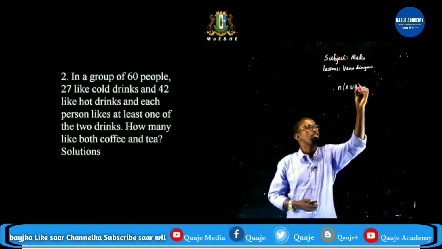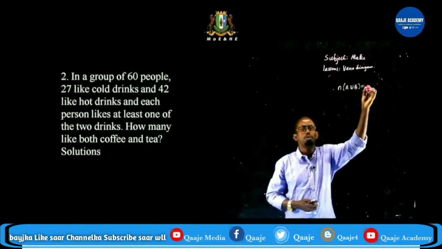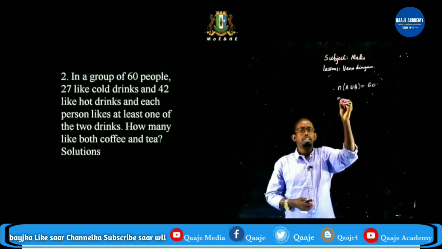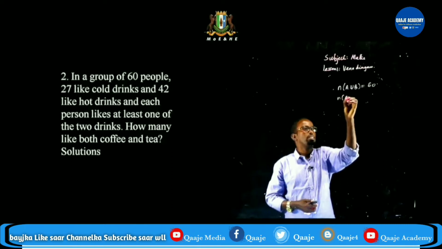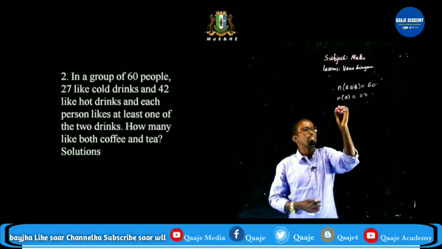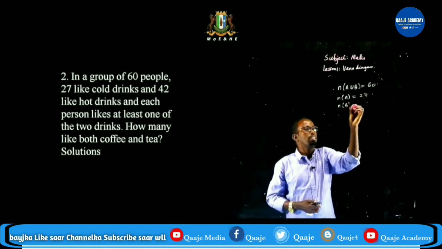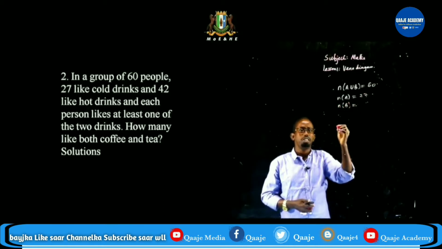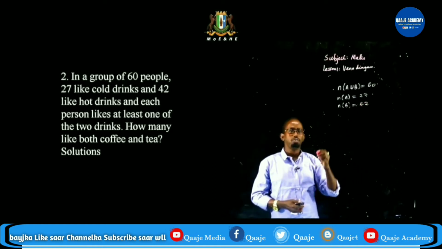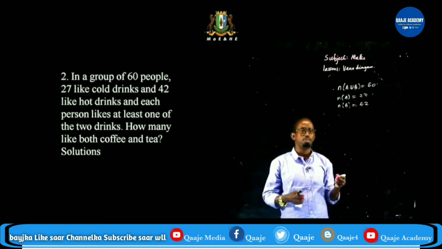A union B is the total number of the people, they are 60. Those who drink cold drinks, they are 27. So let's just say set A is 27. Set B, there you have 42. We are asked to find how many like both.